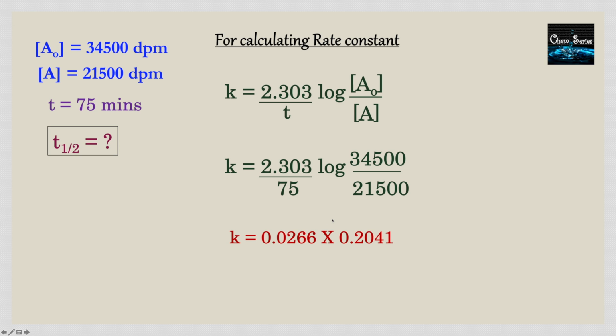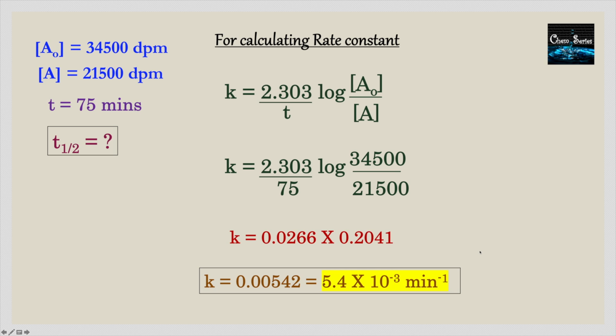As I said before, do it approximately because your answer will be nearly equal to the approximated answer. So K is 0.0307 into 0.2041. So your answer will be 5.4 into 10 power minus 3 minutes power minus 1. So this is the answer for your rate constant.